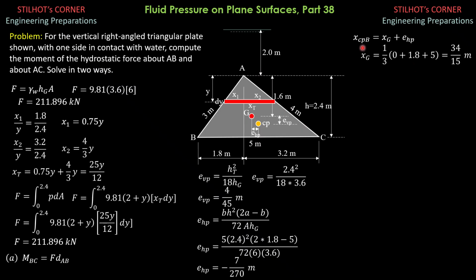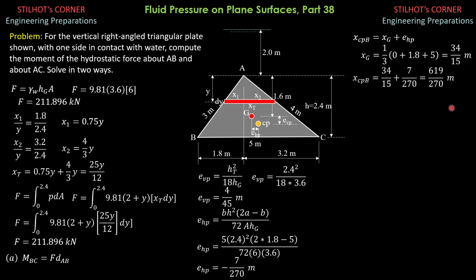So the x-coordinate of cp with reference to b is 34 over 15 plus ehp, which is 7 over 270 absolute value, and it is 619 over 270 meters.